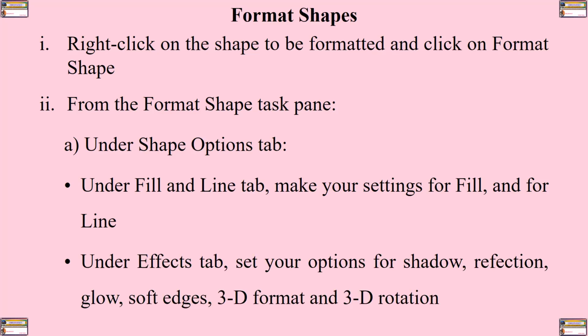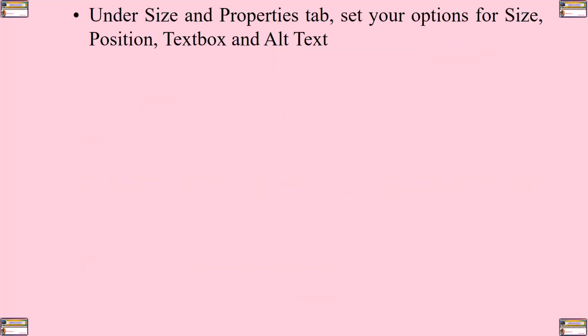And the Effects tab, set your options for shadow, reflection, glow, soft edges, 3D format, and 3D rotation. And the Size and Properties tab, set your options for size, position, text box, and alt text.